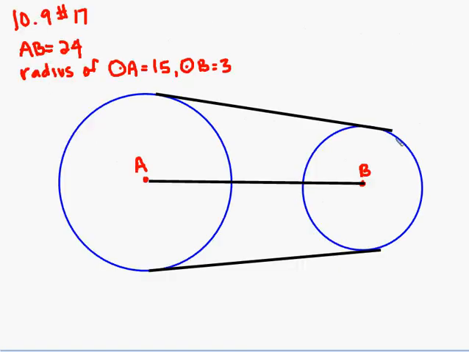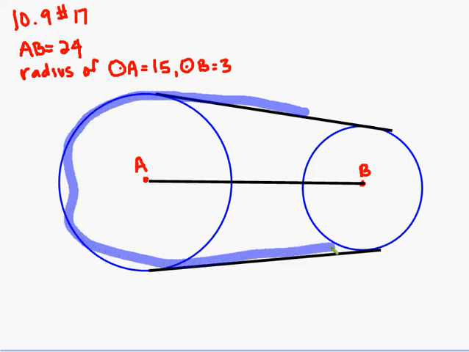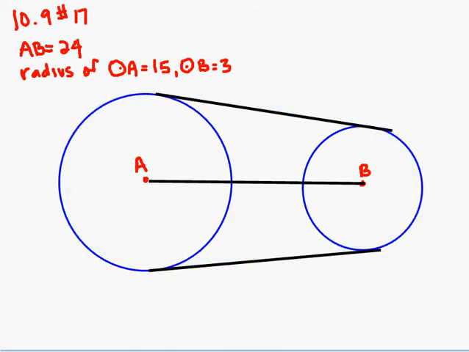In the next problem, problem 17, we're asked to find the distance all the way around these two, we'll call them pulleys. The distance all the way around this one pulley, and all the way around this pulley here.